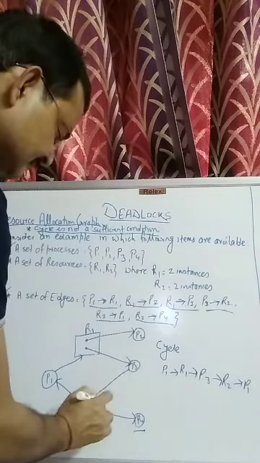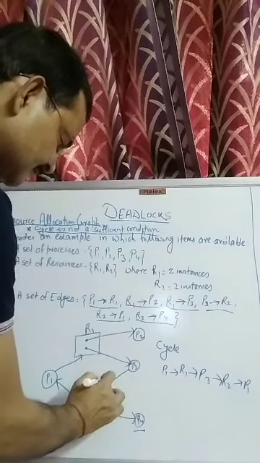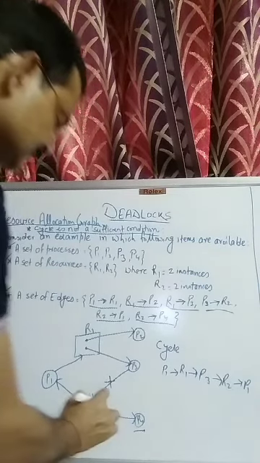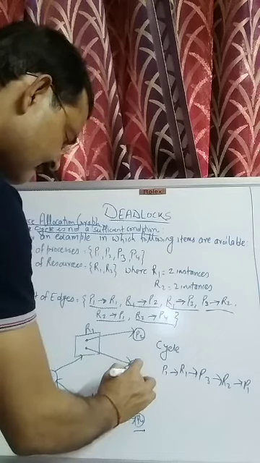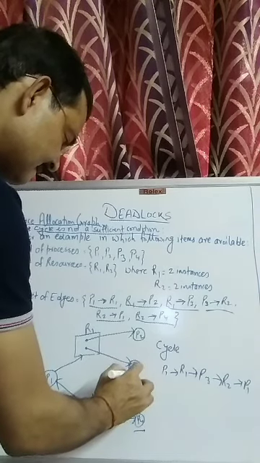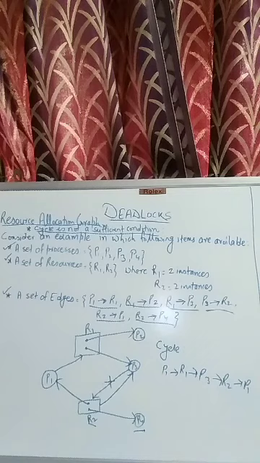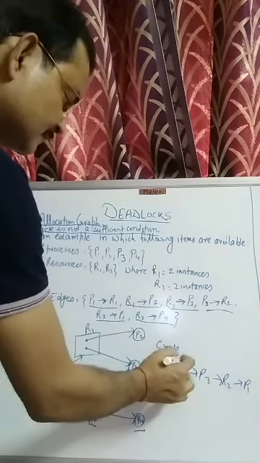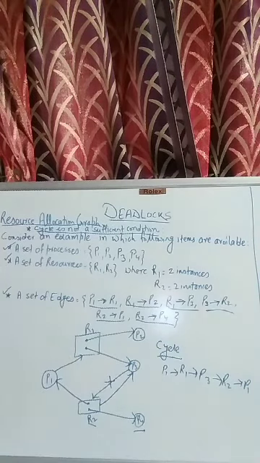So the request will be cancelled, and an assignment edge from R2 to P3 will be added to the graph. So this breaks the cycle.